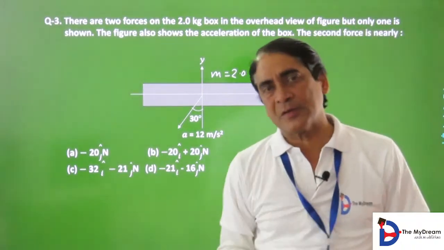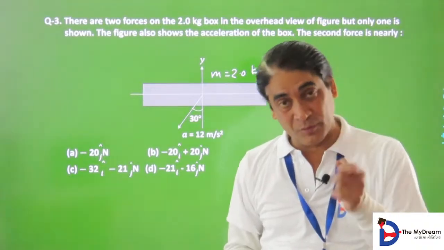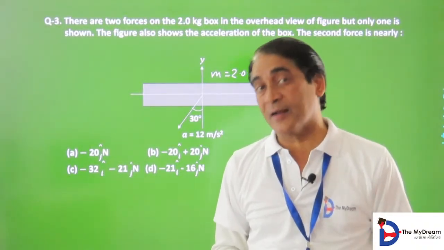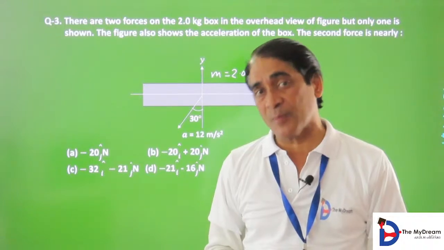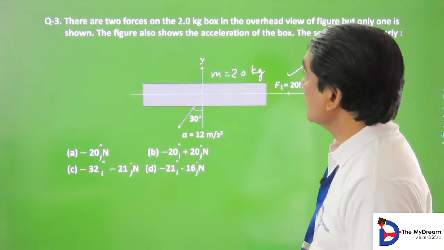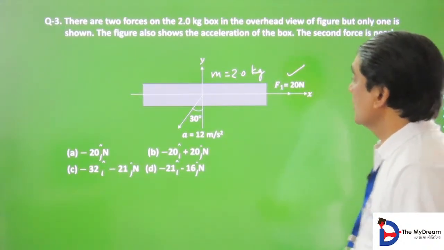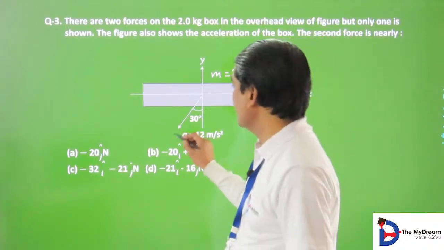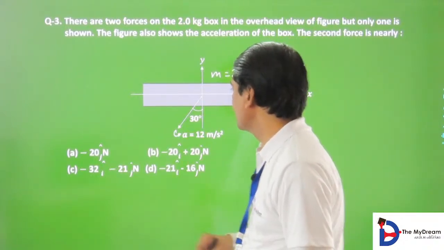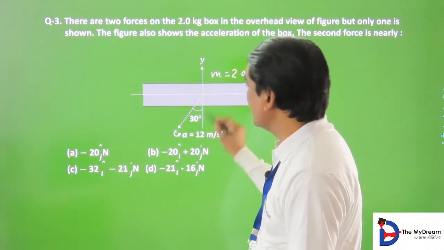There are two forces acting on it. One of them is shown here, another one is unknown. You want to know the magnitude of that other force which is acting on this box. The figure also shows the acceleration of the box. So this is the acceleration, resolved into two components.